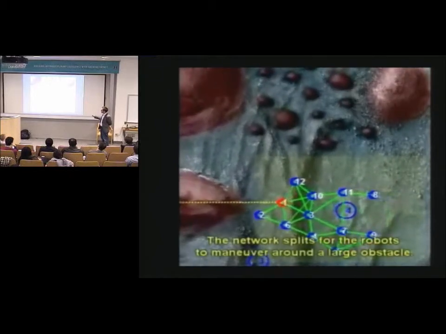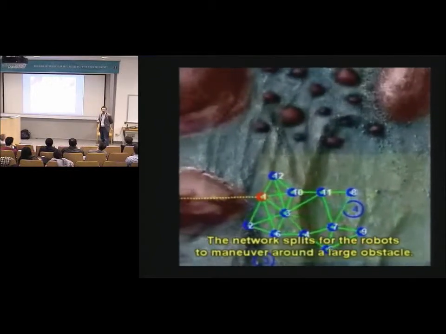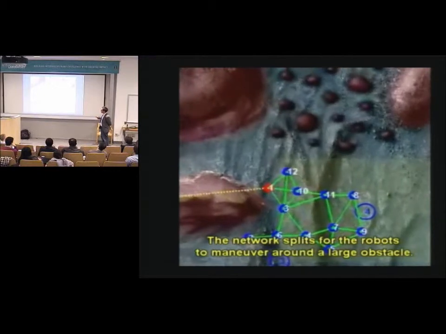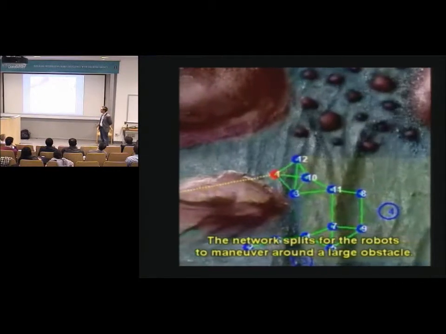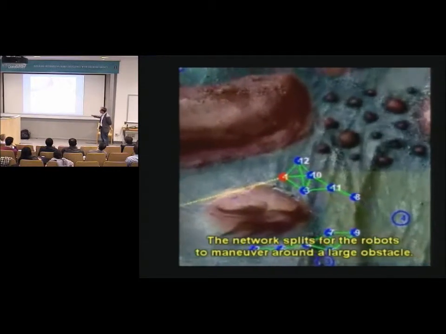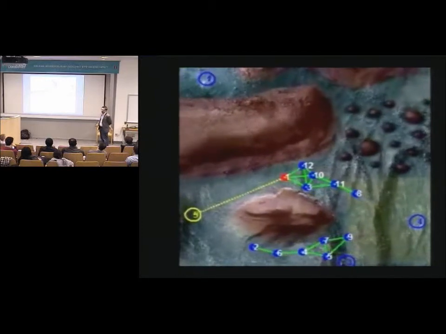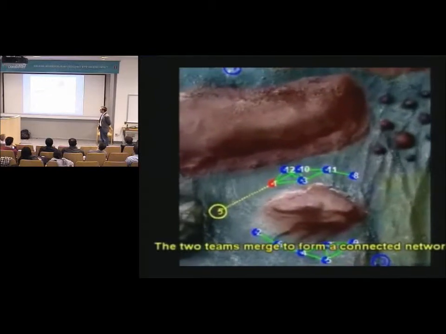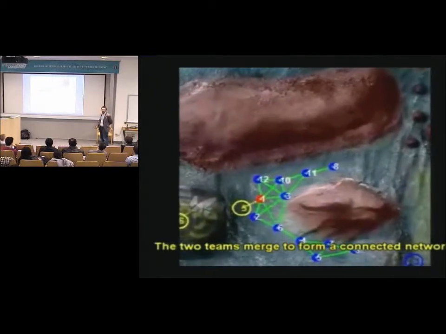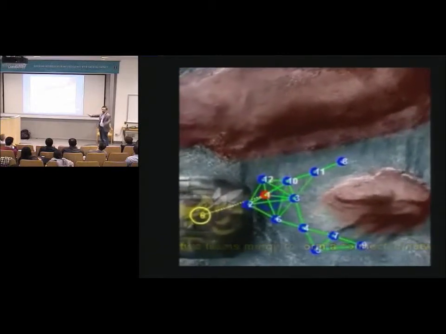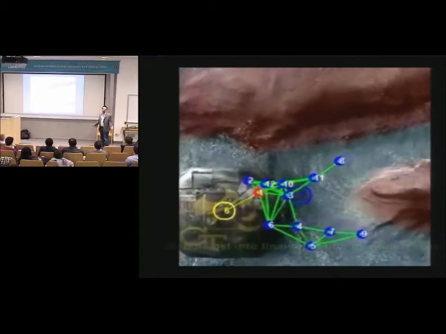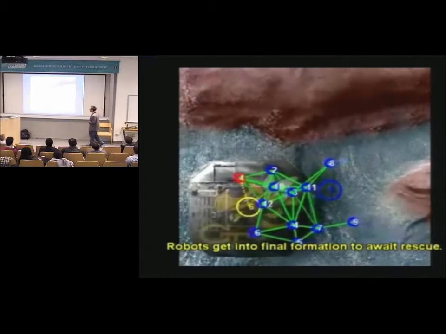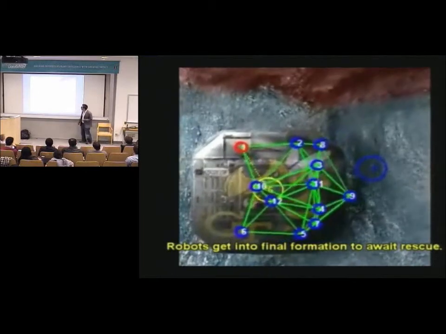Now, I said you had to do what was called a split and merge behavior. So what this means is you have to separate the network into pieces. Only this guy knows where he's going, so these guys here have to execute an open loop component. And then towards the end, they had to get information. So every time you hit a new waypoint, you have to basically come up with different weights. That's what this exercise was, but it looks wonderful.